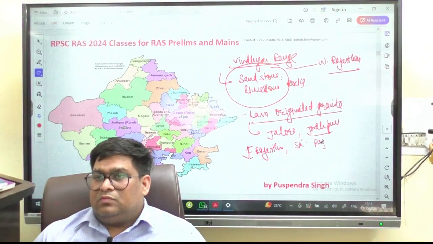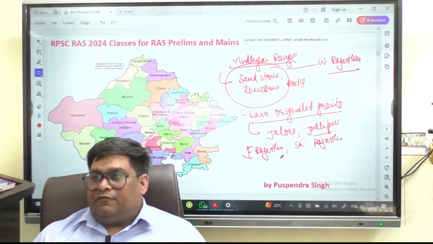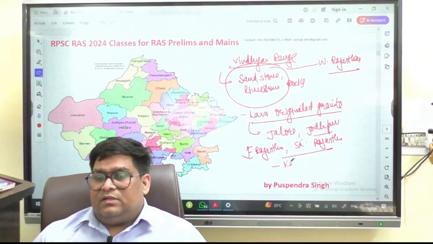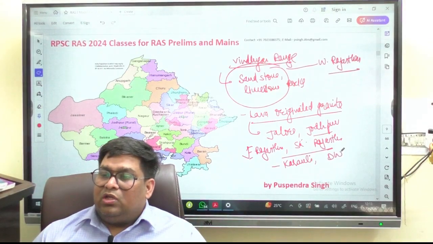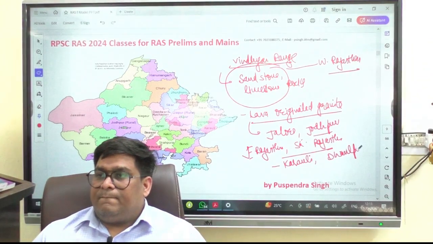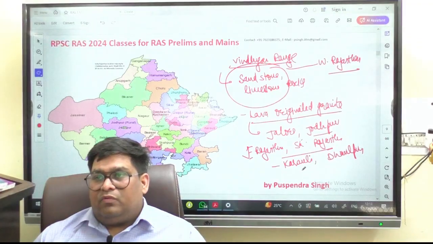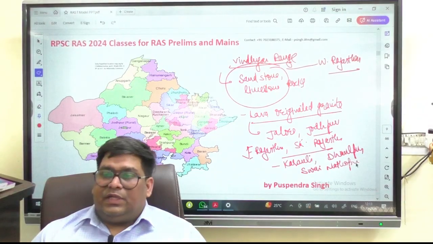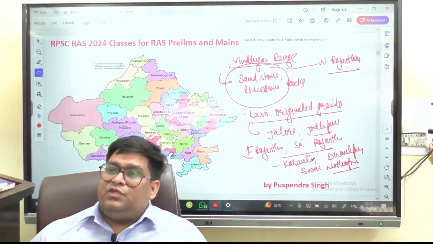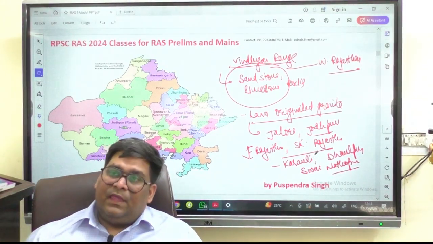Apart from that you would also have Mewar. So where can you find them? Karauli, Dholpur, and you can also find them in Savai Madhopur. These types of rocks you can easily find over there.